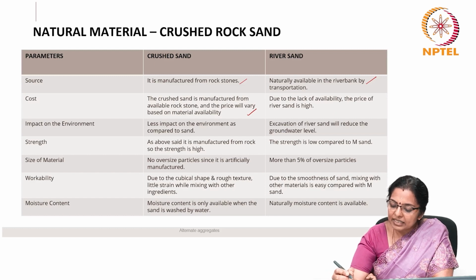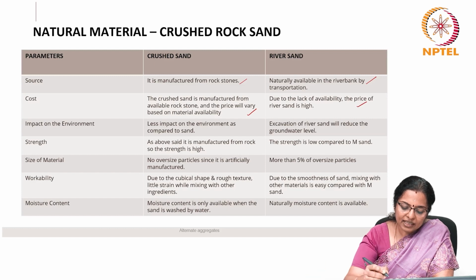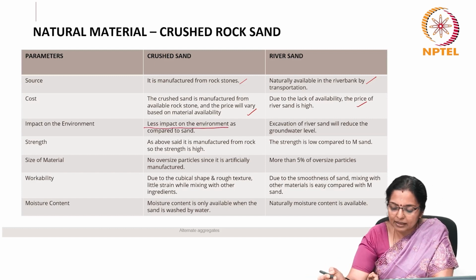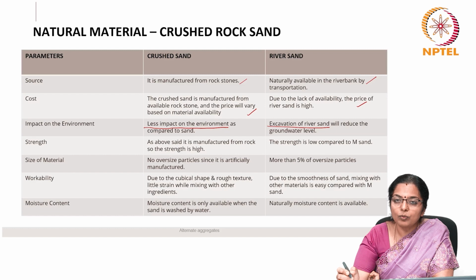River sand is not available so much. Due to this, the price of river sand is very high. When we consider impact on environment, crushed sand has less impact on the environment as compared to river sand. Excavation of river sand will reduce groundwater level and is also a depleting resource.